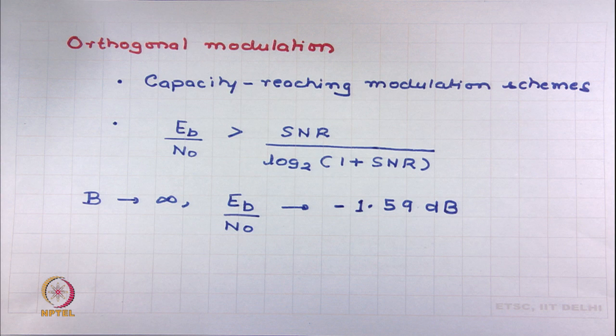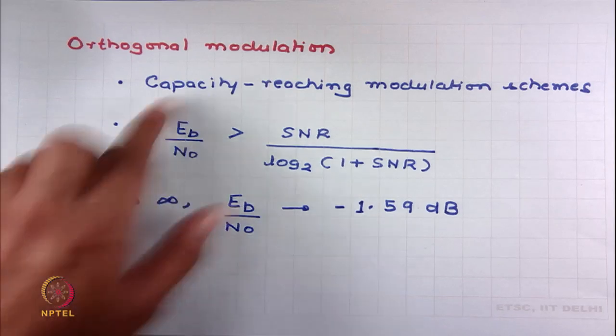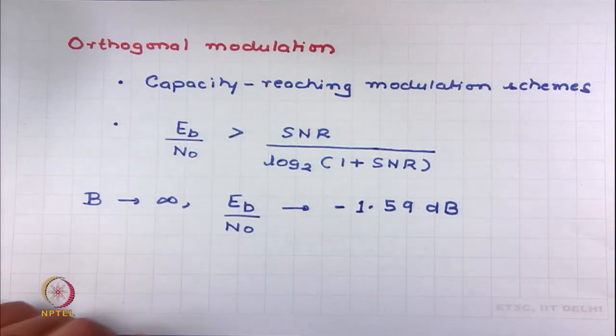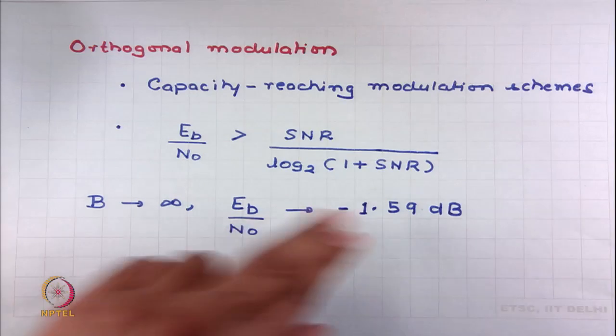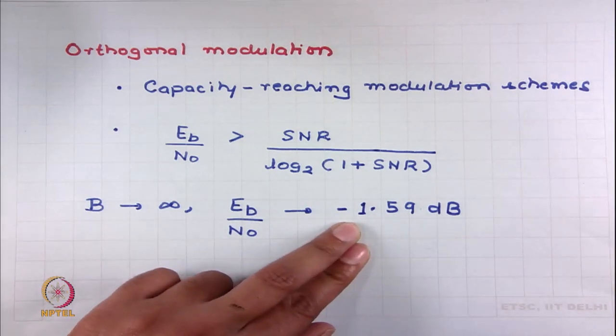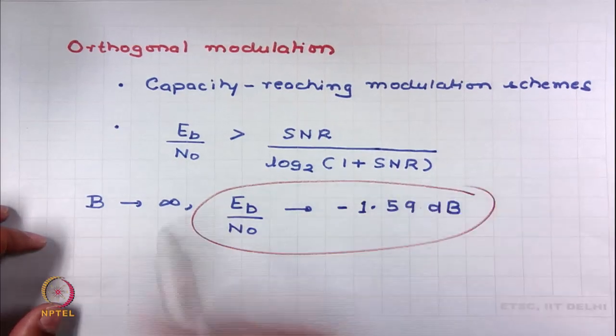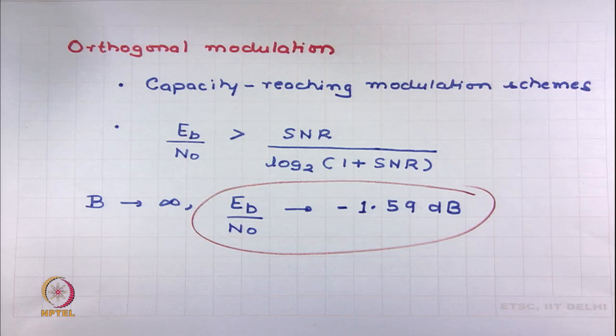Minimum EBNO that you would need is when bandwidth tends to infinity, and at that time, by substituting in this expression only, you can find that the EBNO should be larger than minus 1.59 dB, and this is a golden number which you must remember. It is a golden number, golden rule in communication systems and error control codes.